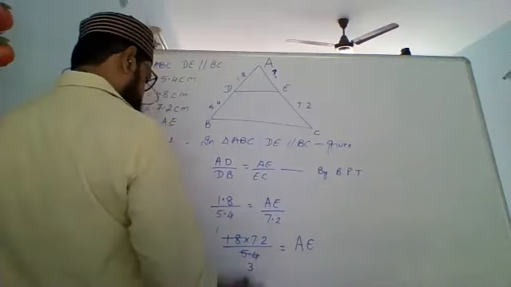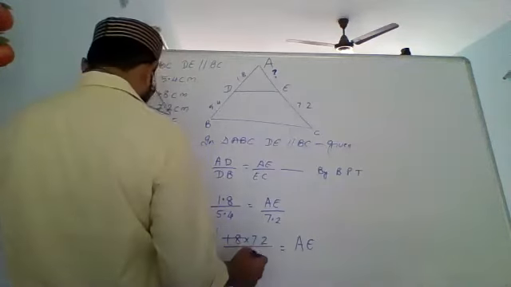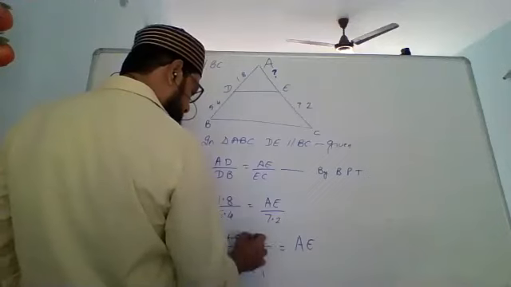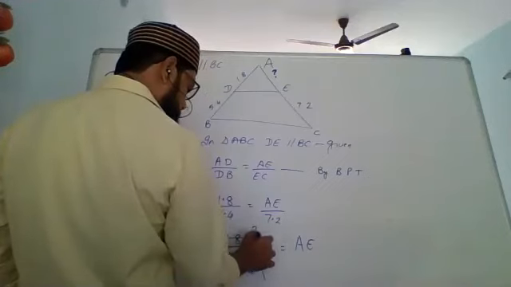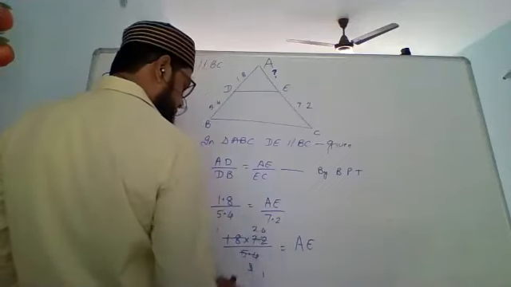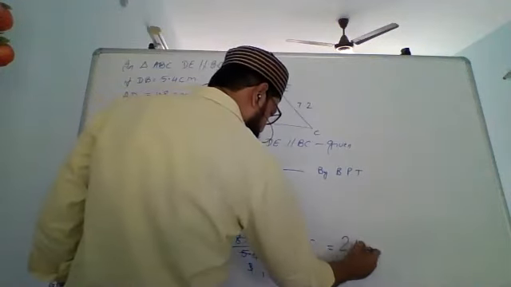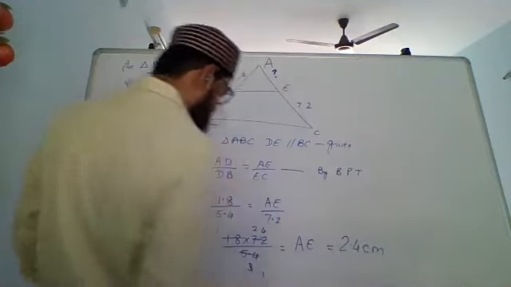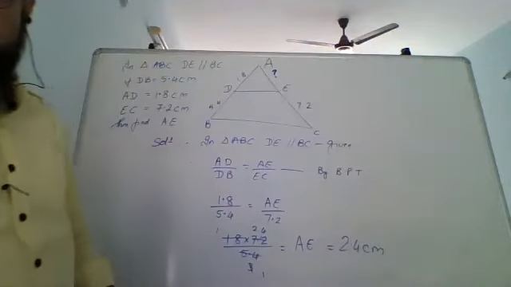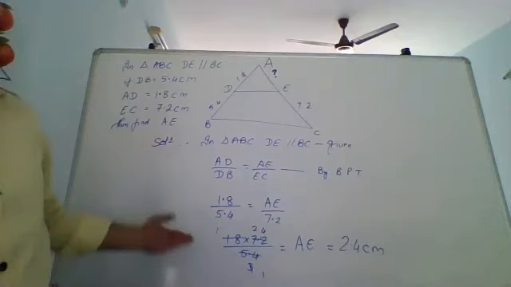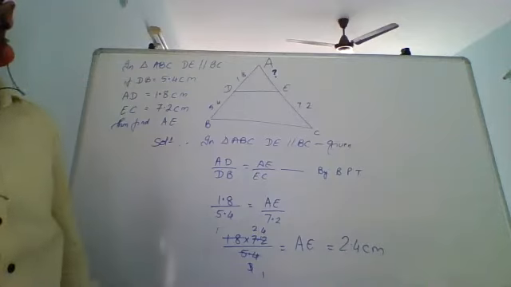Okay, 3 and 7.2. 3 ones are 3, 3 twos are 6, 1 carry over, 3 fours are. So equals 2.4 centimeters. That is all that you have to do if this kind of sums come.